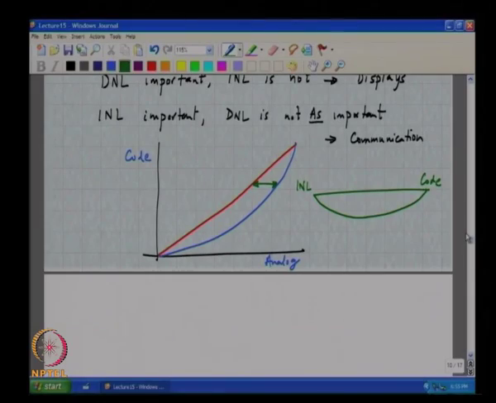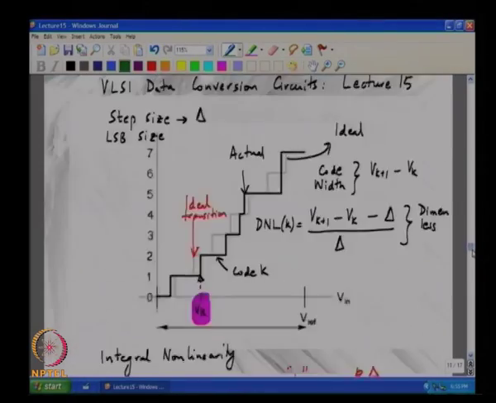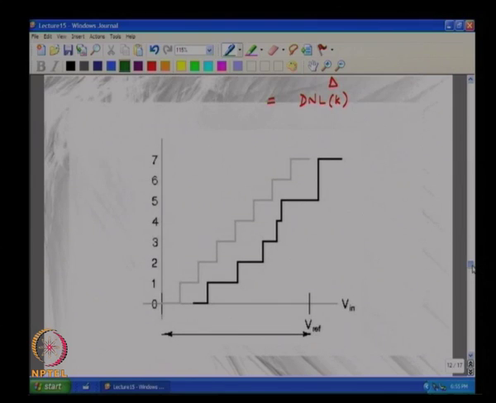Okay. All right. So, going forward, in reality of course, you will get all these problems together. It is not as if you will have only offset or only gain error or only step size mismatch. The ideal characteristic is something like this and the actual one is probably something like this.